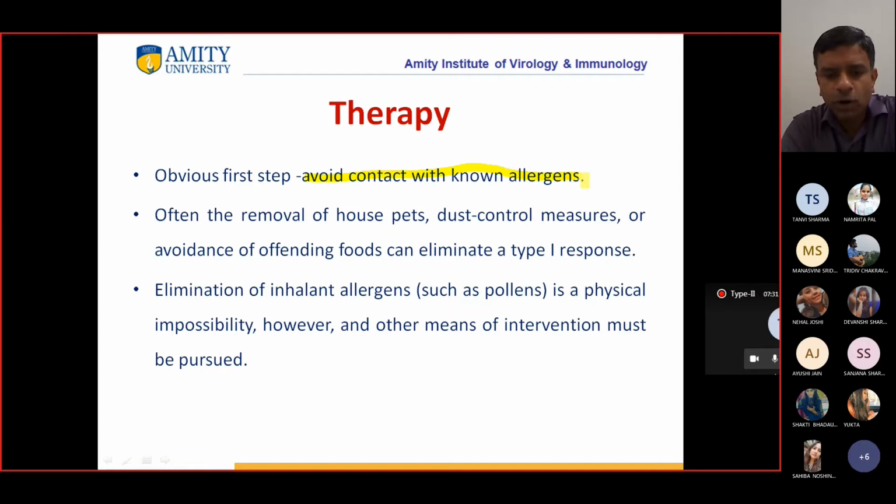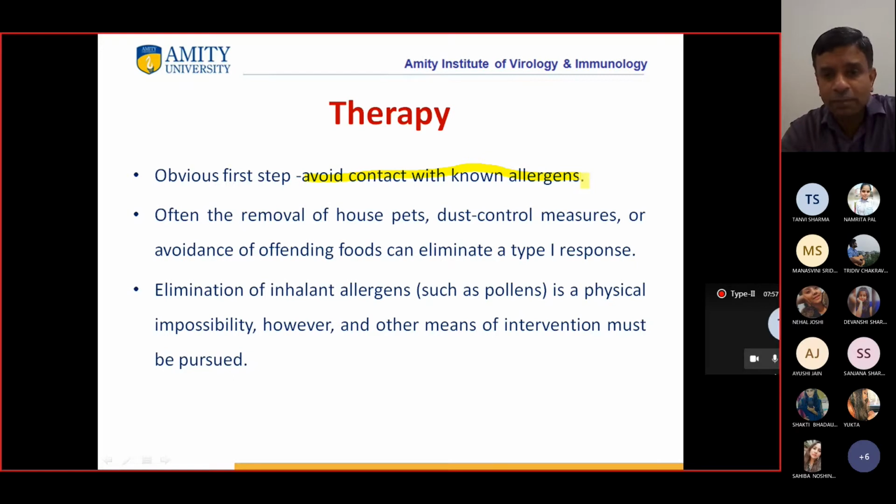Now, often the removal of house pets, dust control measures, or avoidance of offending food can eliminate a type 1 response. So, as I said, if you avoid that product or that food, you can obviously be safe from these allergic reactions.